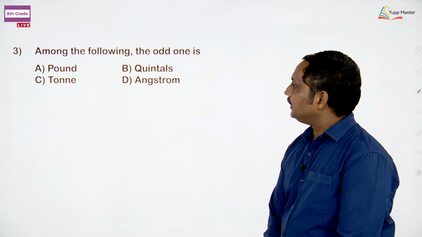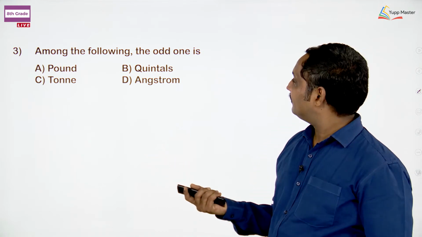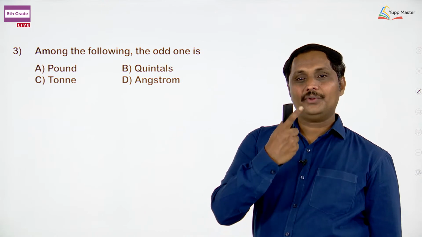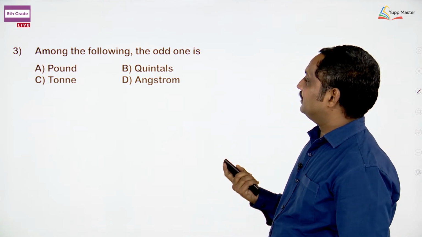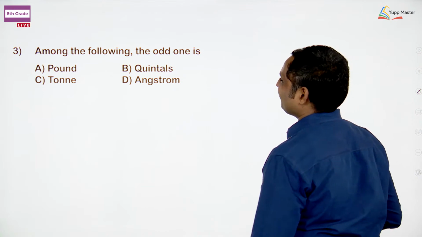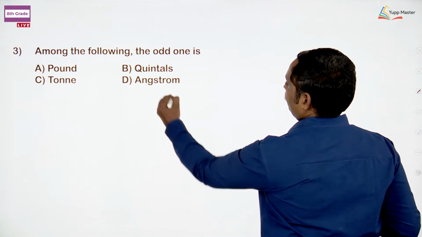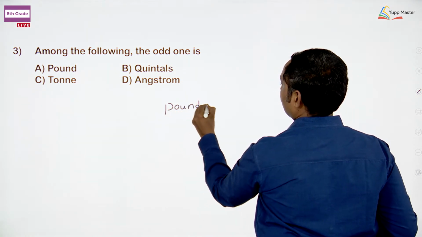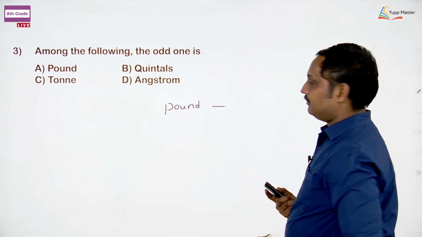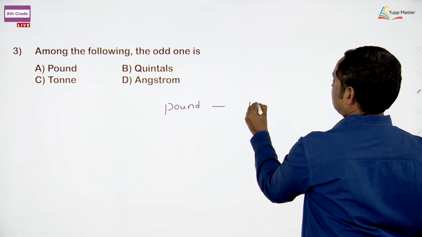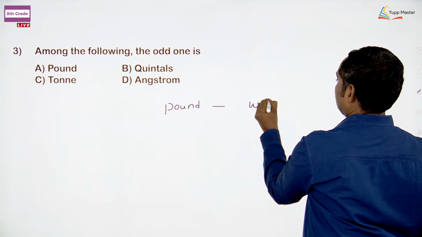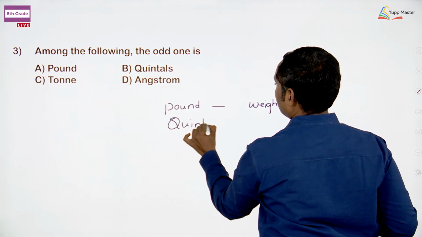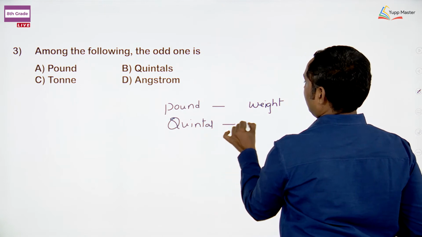Among the following, the odd one is, while you are talking about different parameters, take the first one, let us take pound. It's related to weight. Quintal, it's also related to weight.